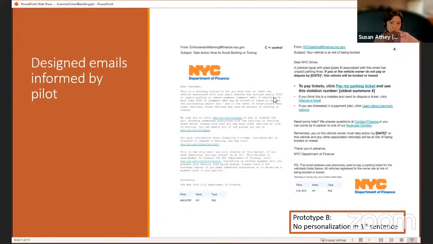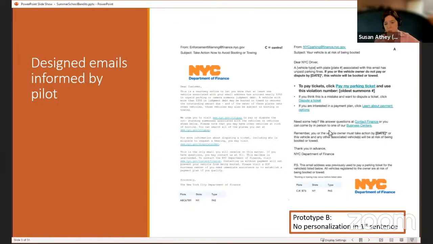On the left was the standard email that had been sent by the New York City Department of Finance to try to get people to pay their fines. The other prototypes we were considering made it easier for people to find the links to take action.